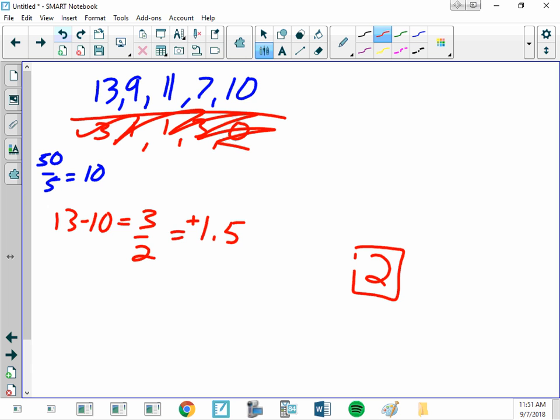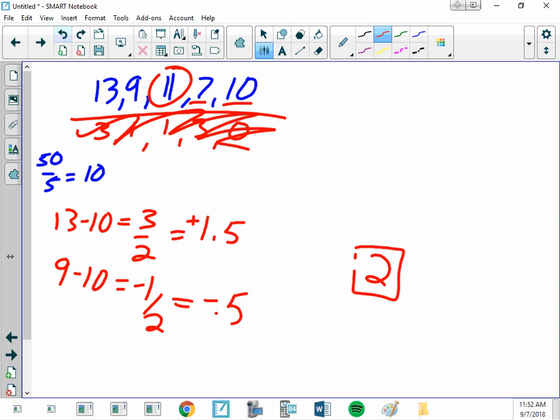All right, and 9. 9 minus 10 is negative 1, divided by 2 is negative 0.5. What does that number mean? You're 0.5 SDs lower than the average. So what is 11 going to be? Plus 0.5. What is 7 going to be? Negative 1.5.